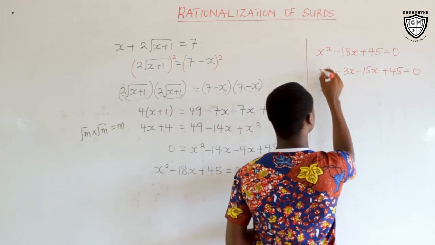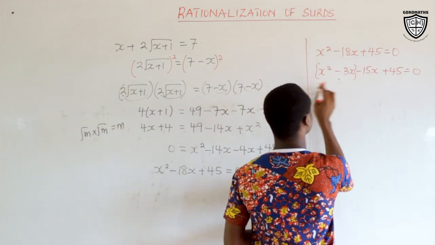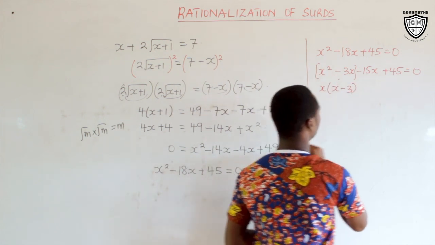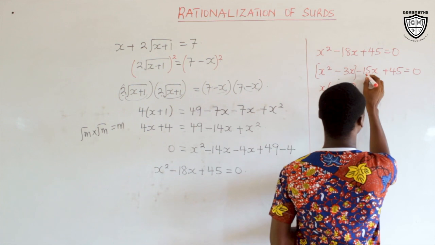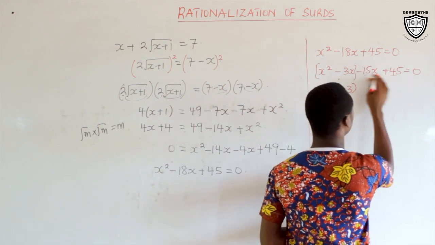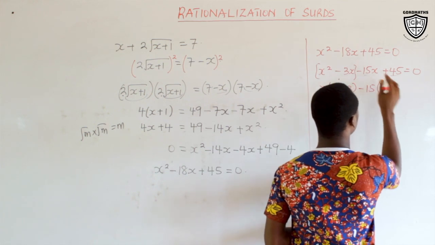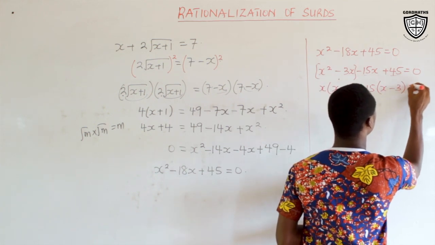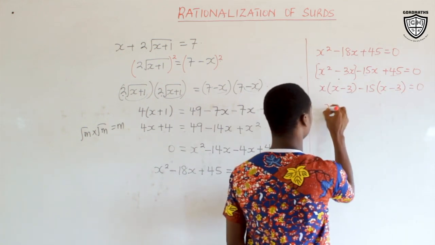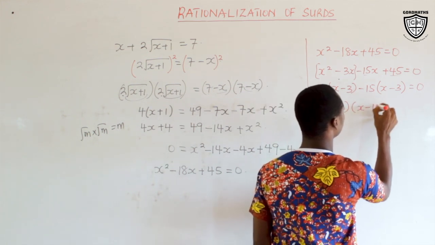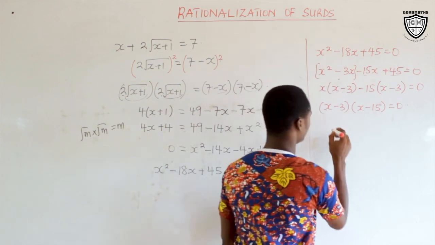So x, taking this side, x outside, we will have x minus 3. That is when we factorize x out. Then here 15 is a factor in both terms. So minus 15 comes out. Then we will have x minus 3 equal to 0. So finally we will have x minus 3 and then x minus 15 equal to 0.